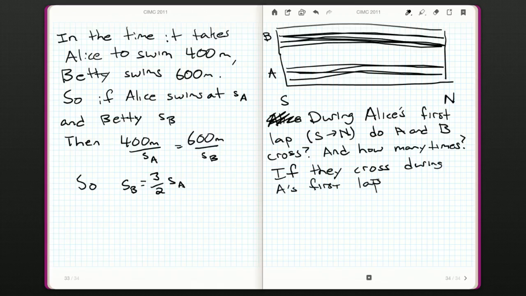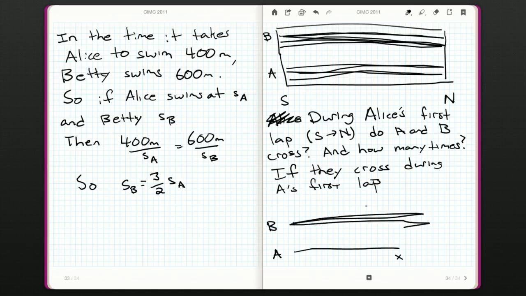So if they cross during Alice's first lap, since Betty's faster, Betty will have already reached N and will be heading back. Perhaps she's reached N a couple times and she's on her way back, but the point is, the pool will look like Alice going this far, some distance, we'll call it X, and Betty will have done something like this.